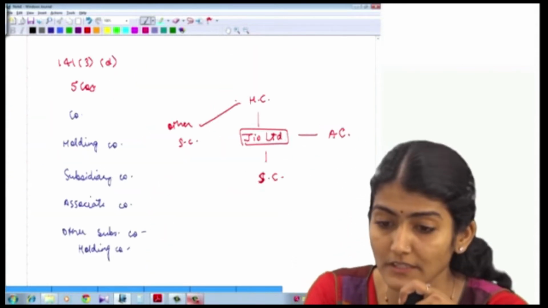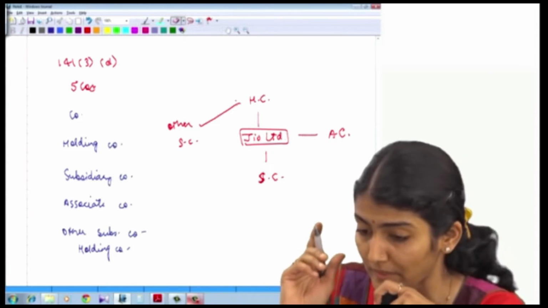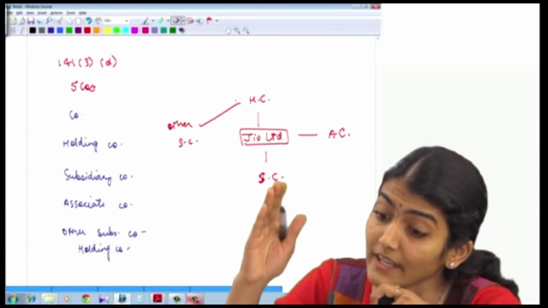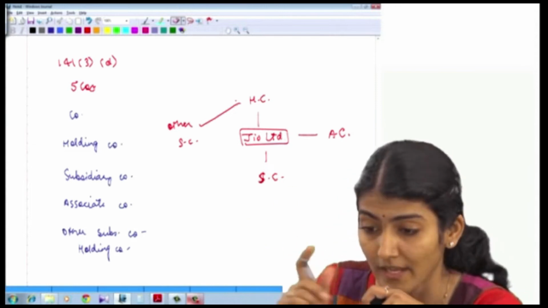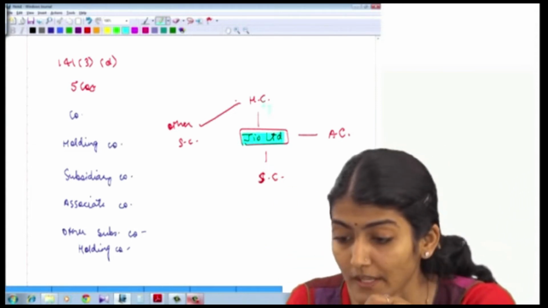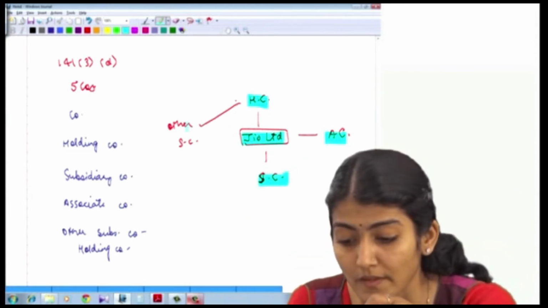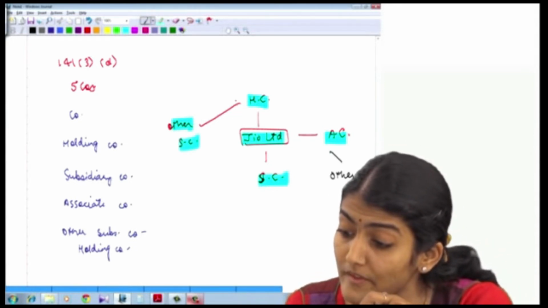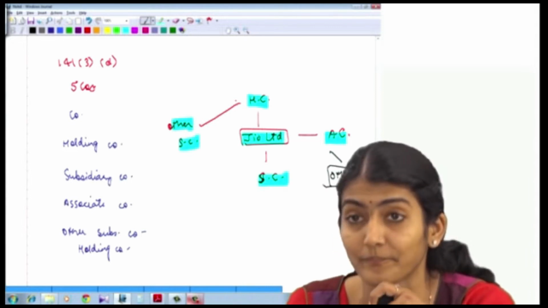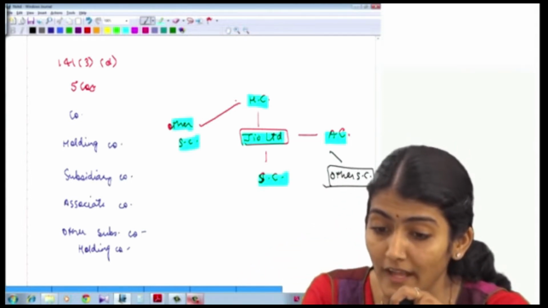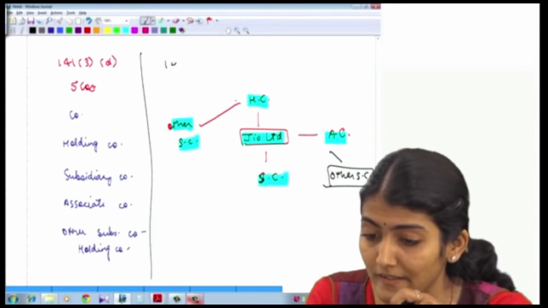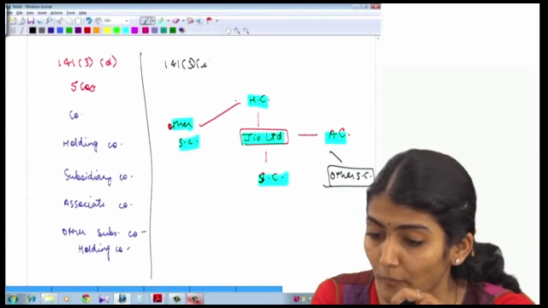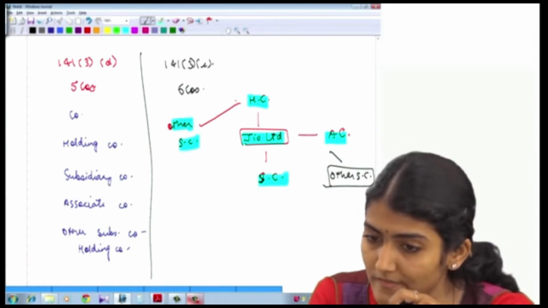For 141(3)(d), we had 5 companies. Now for 141(3)(e), we have 6 companies. Ye parts to hai hi. Company, holding, subsidiary, associate, any other subsidiary of that holding company, any other subsidiary of that associate company. God knows what analysis they've done and developed all this, but this is how it has been given. So for 141(3)(e), you have 6 companies.